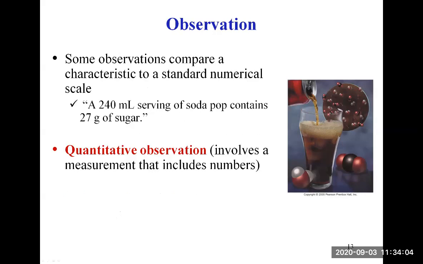That's a quantitative observation because there is a measurement, and a measurement compares to a standard numerical scale what you have in your sample. So that's quantitative, and that's what scientists prefer to have, because measurements allow you to move on and go further from observations.